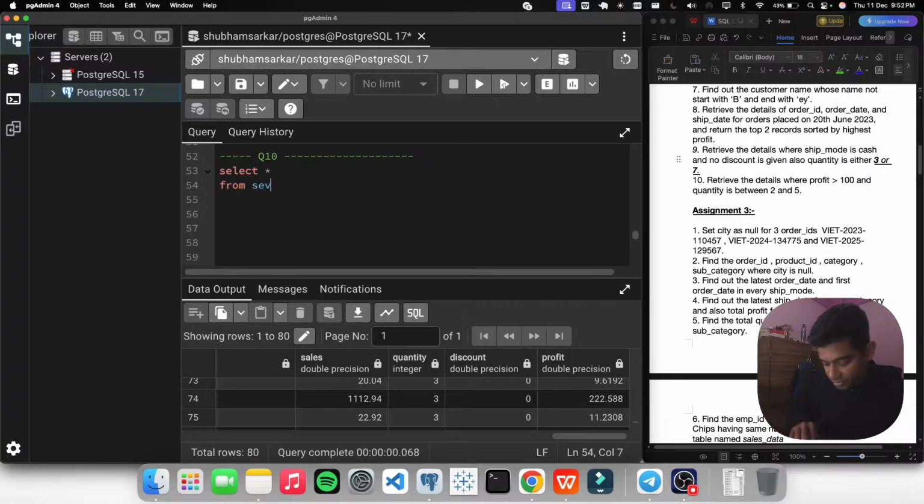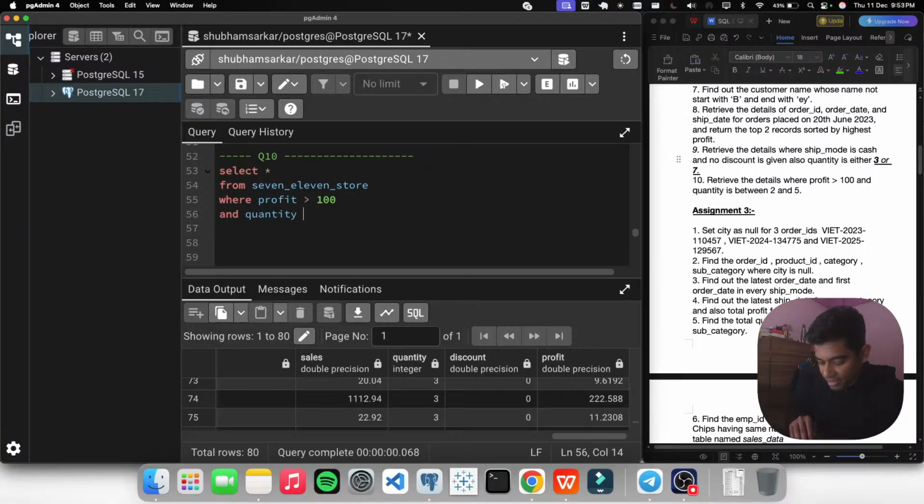select everything from 7-Eleven store where profit greater than 100 and quantity is in between 2 and 5, meaning 2, 3, 4 or 5.